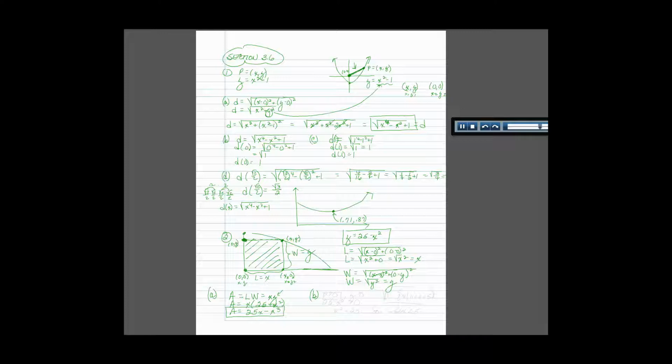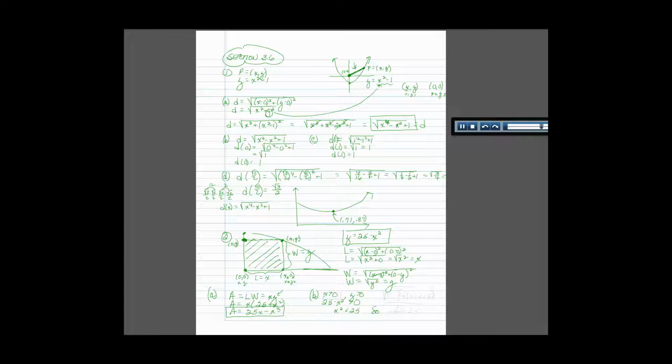B, it says, what is the domain? Well, x has to be greater than 0, and y has to be greater than 0. So we know that 25 minus x squared, that's what y is equal to, has to be greater than 0. And if I solve that, I have x squared is less than 25.